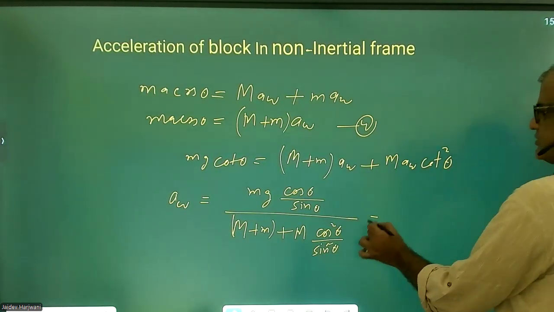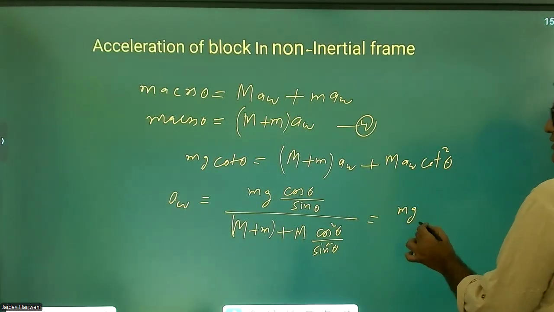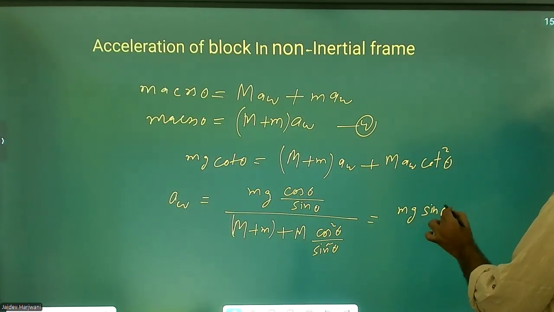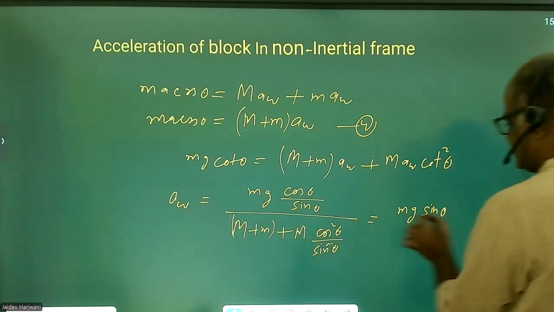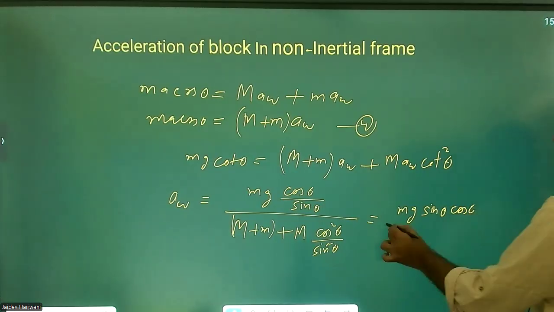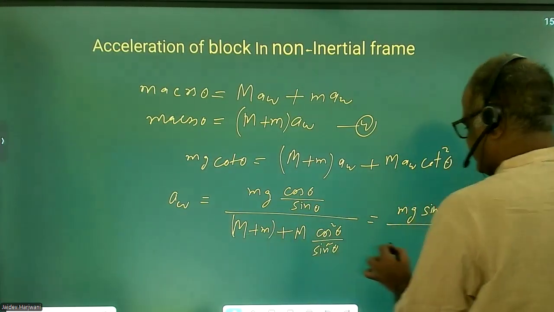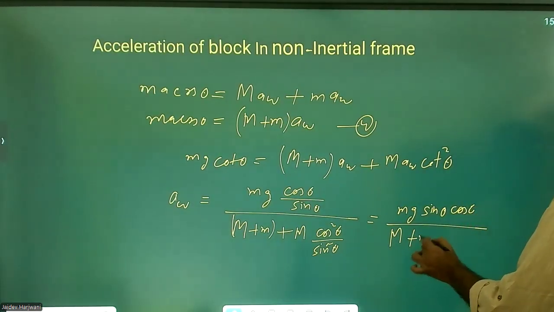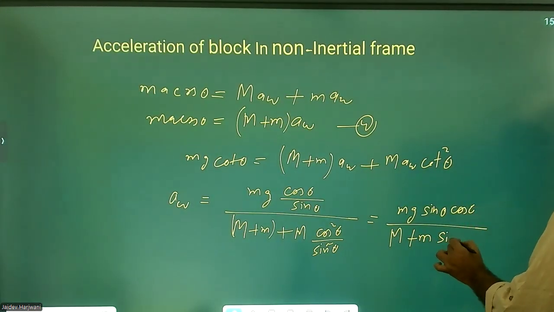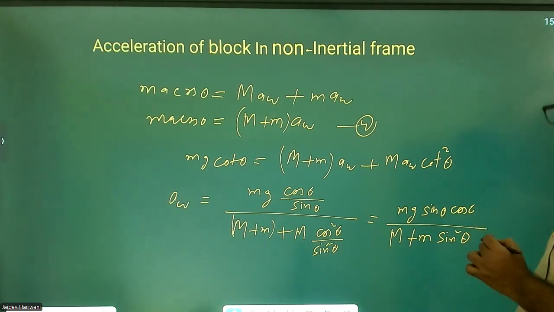If I solve this, sine will be cancelled, and this gives me mg sine theta cos theta upon (M plus m) sine square plus M cos square, which is M plus m sine square theta.